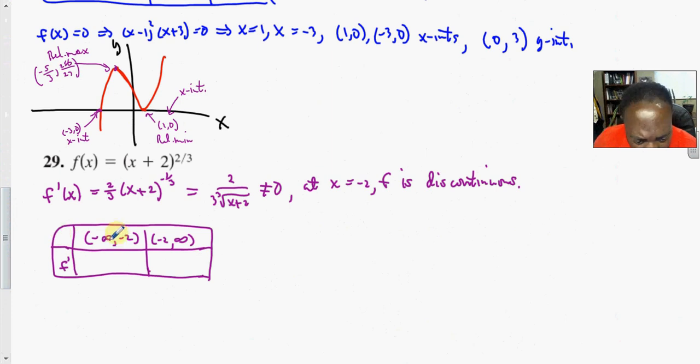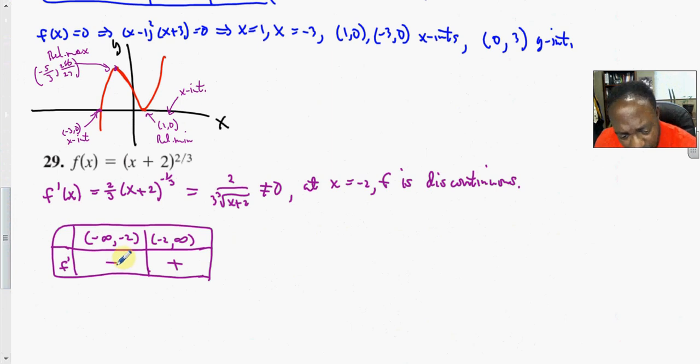So take a point from negative infinity to negative 2. Let's take negative 5. Here this is being plugged into the first derivative. We get negative. This is the cube root, not square root. So we get negative. We get positive there, right?